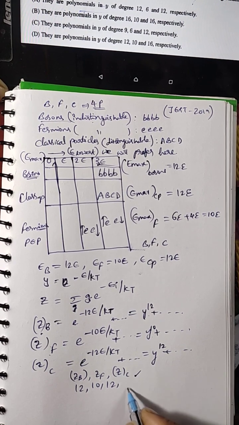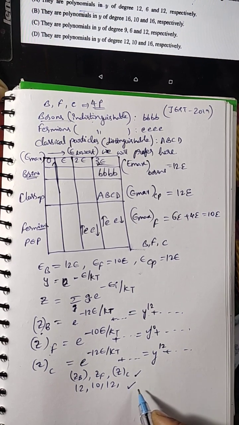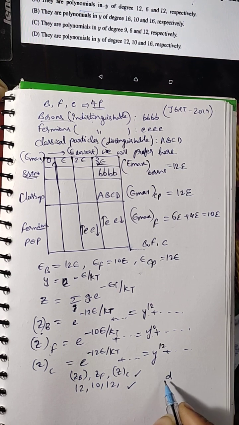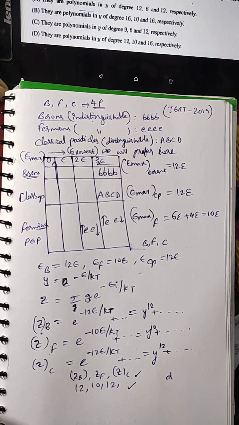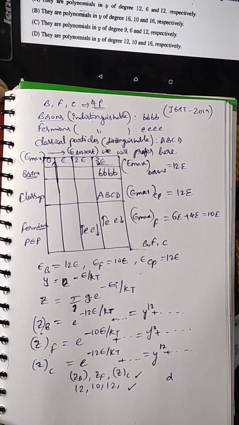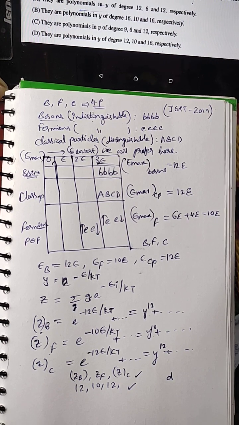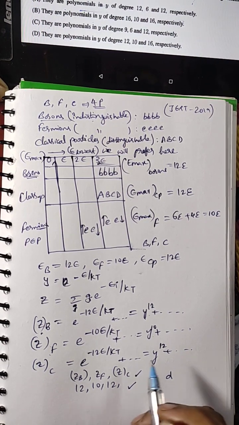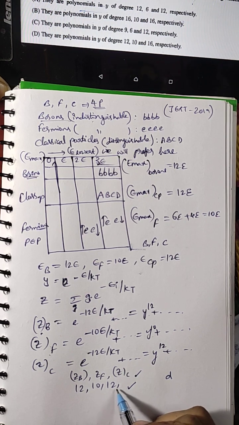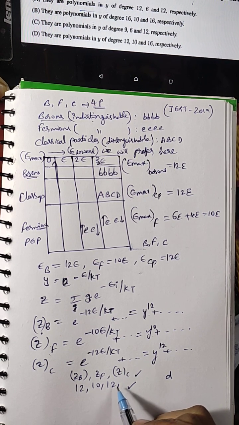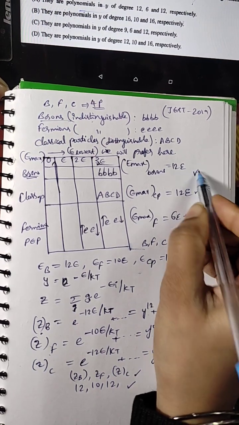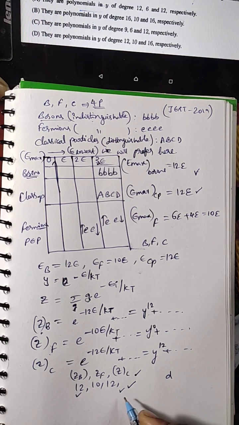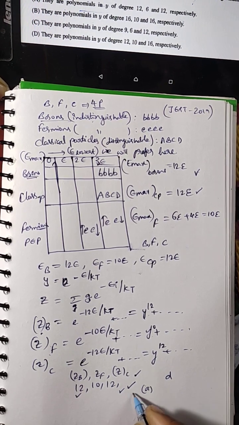They ask in this order, so the answer is 12, 10, 12. Options are not matching, right? So for boson and classical particles it is 12 and 12, so these are correct. According to this, option A is very near.